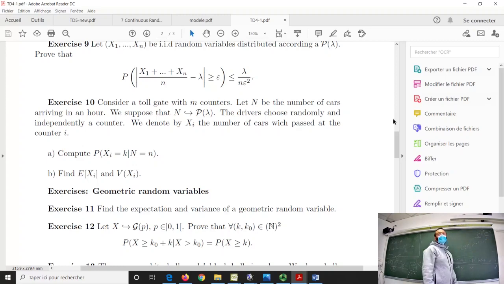We know the property of the logarithm with respect to the power, so it's exponential of n times the logarithm of 1 plus x over n. And if you do a Taylor expansion at the first order of the logarithm of 1 plus x over n, because x over n goes to 0, you obtain that this is equivalent to exponential of x when n goes to plus infinity.